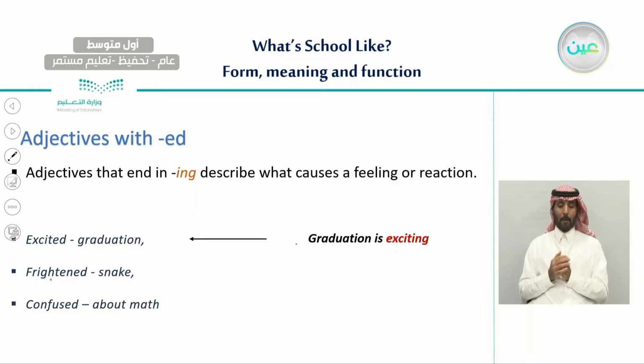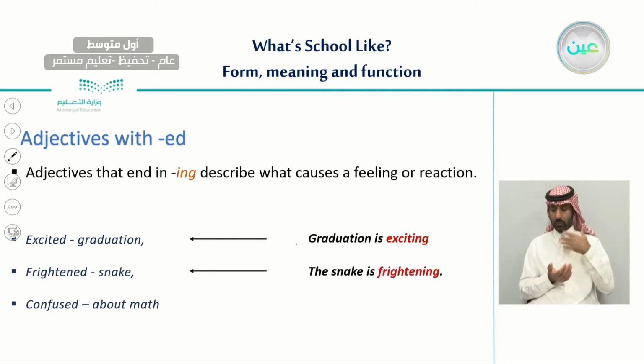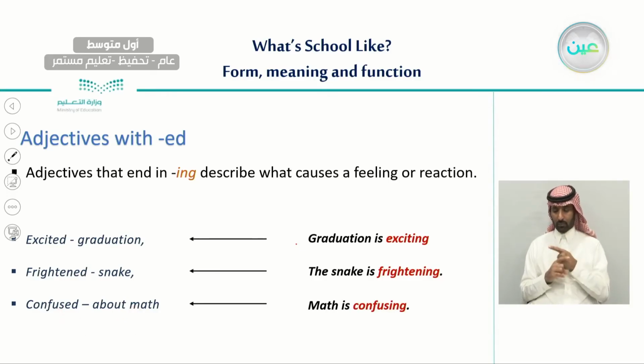Also, when we say the person is frightened because of a snake, then we can say that the snake is frightening. The snake is frightening. So here we have changed the adjectives. Instead of ending with ed, now it ends with ing. The last example, we can say that he is confused about a math test. We can say here that math is confusing.